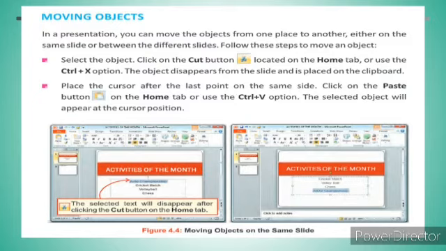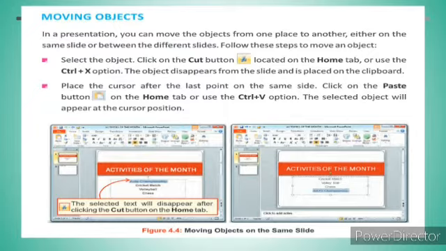In editing text object, there are two options. One is moving object and the other is copying object. Now let us see about moving object. In a presentation, you can move the object from one place to another, either on the same slide or a different slide. Follow the steps.